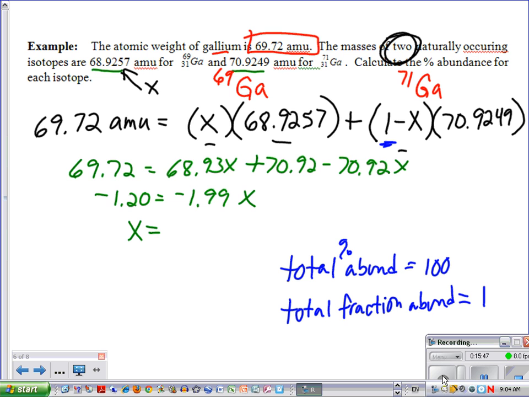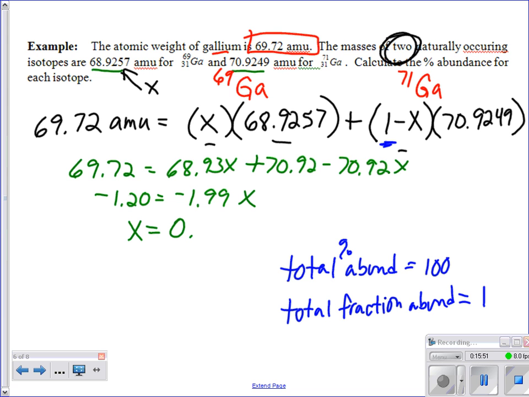Okay, so we have some magic math here that just appeared, and we solve for our x, and you should get 0.603. So now when you truly answer this question, the question is, calculate the percent abundance for each isotope. Be sure that you identify the isotope. Don't just tell me x equals this and 1 minus x equals that.